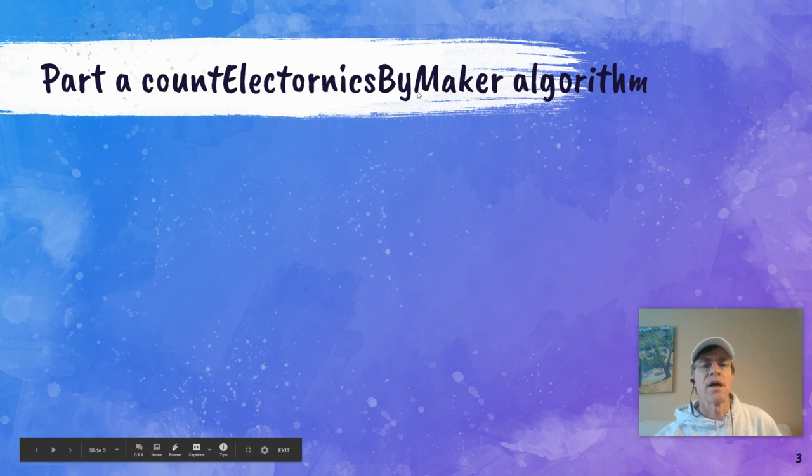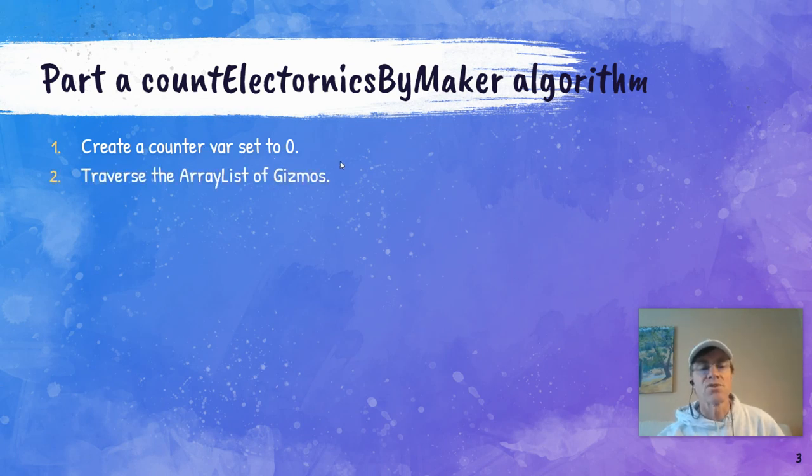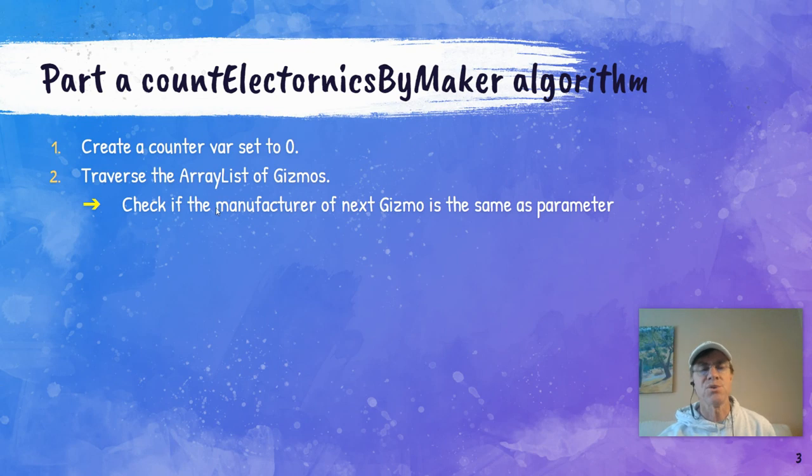All right, so here's the algorithm for the count electronics by maker. I'm counting, so I'm going to create a variable and set it to 0 initially. I'm going to traverse all of the elements in my array list of gizmos, and I have to do two things to check. We're getting the parameter of the manufacturer. I have to make sure that the manufacturer of the next gizmo is the same as the parameter.